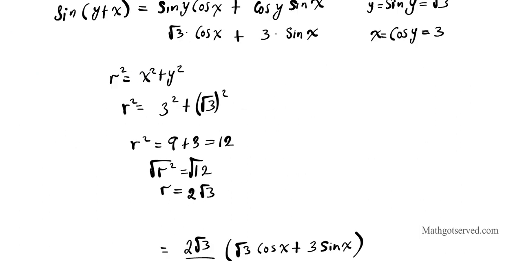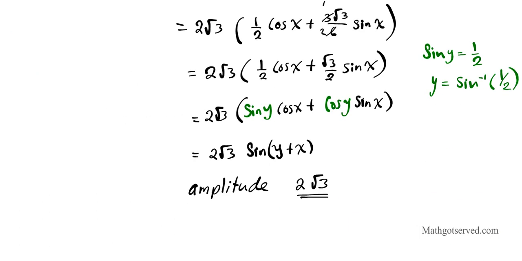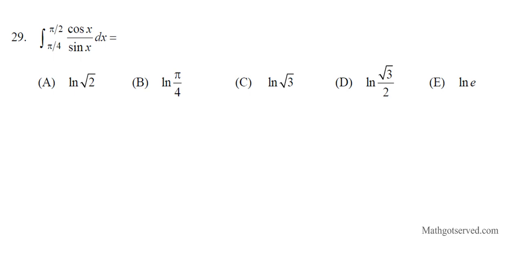All right, let's move along to question number 29. So we are asked to find the antiderivative of this function. So let's see. We can convert this into cotangent, but that requires knowing our integration rules for cotangent, which is one way of doing it, but let's use a u substitution here.